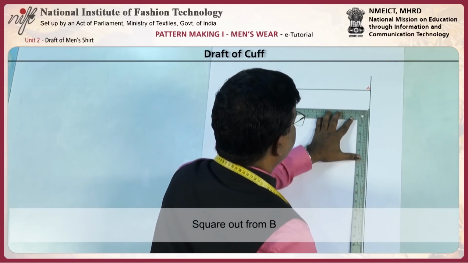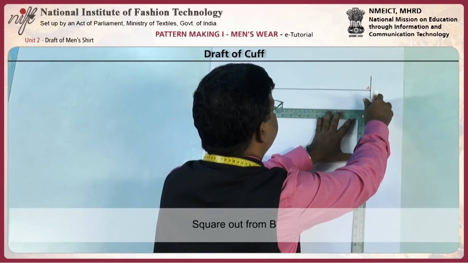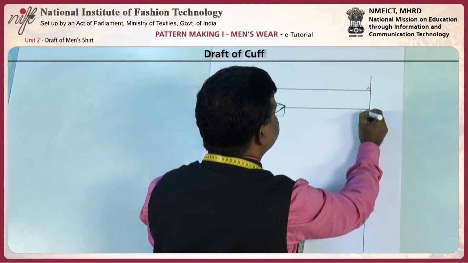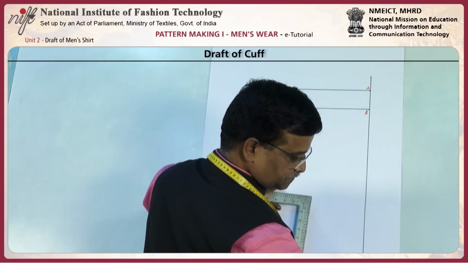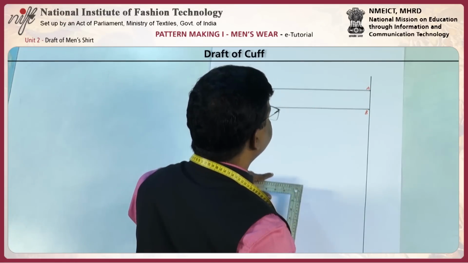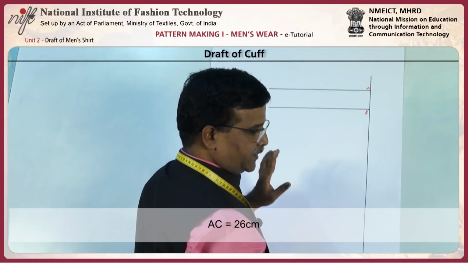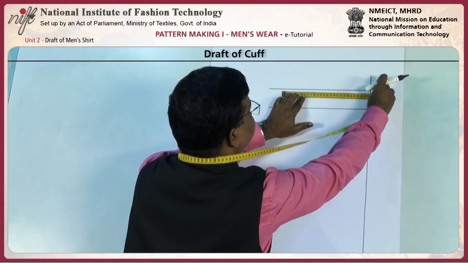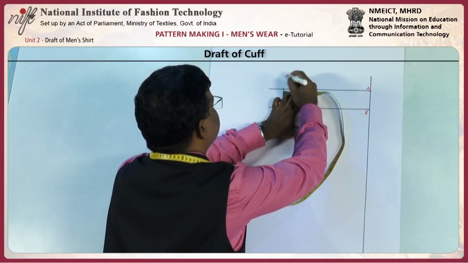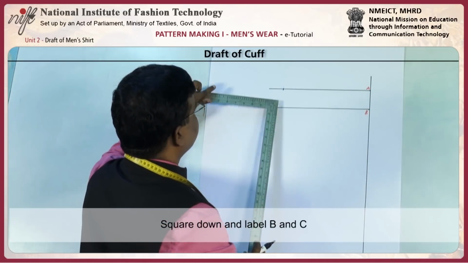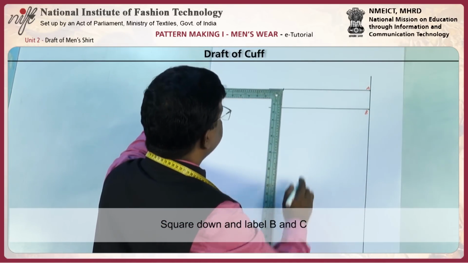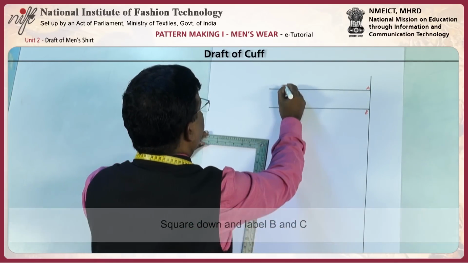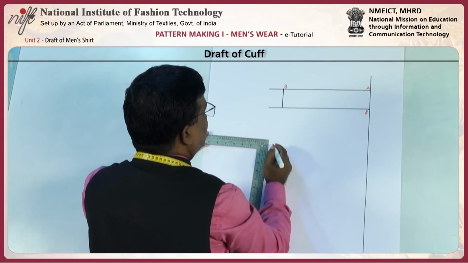Square out from B. A to C 26 centimeter. Square down. Label B and C.